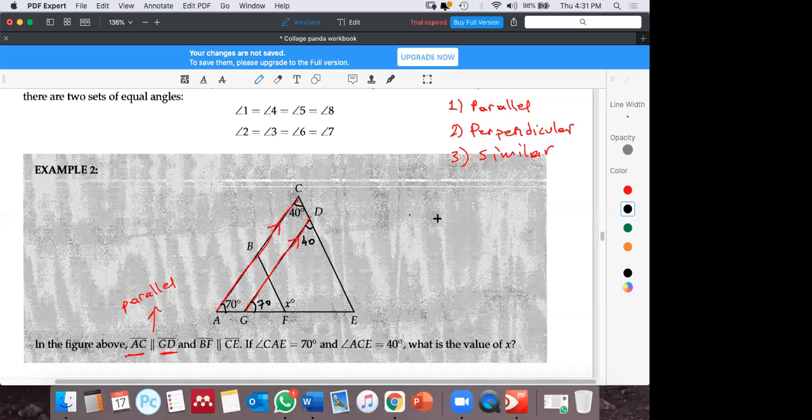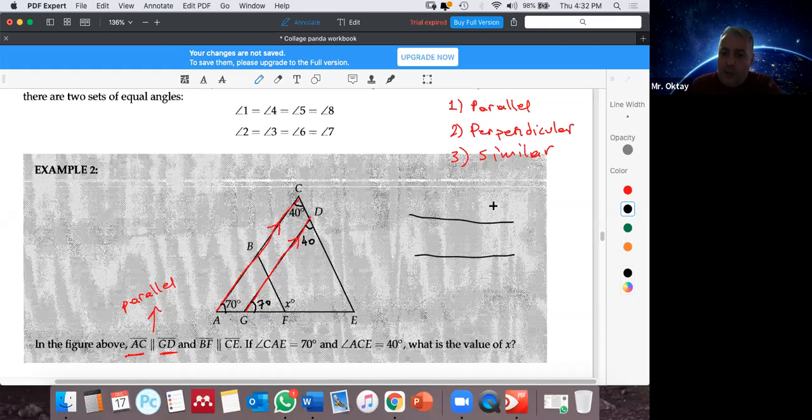So the parallel lines rule: if you have this one under the line, they are equal to each other. If two lines are parallel to each other, the angles under, or above, are equal to each other. So again, think like that. This is a line, you may extend this.